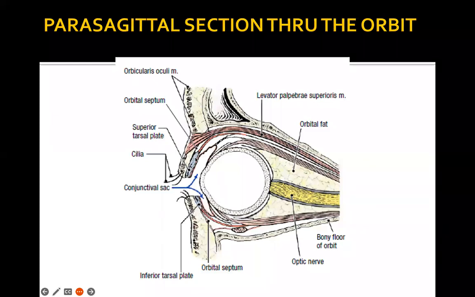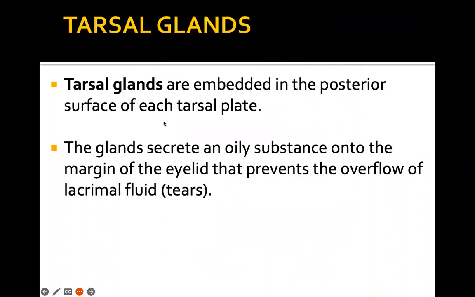Within it are embedded tarsal glands. The glands secrete an oily substance onto the margin of the eyelid that prevents the overflow of lacrimal fluid or tears. Okay, so it's an oily substance. A similar oily secretory gland is found in the skin. What is the name of that?